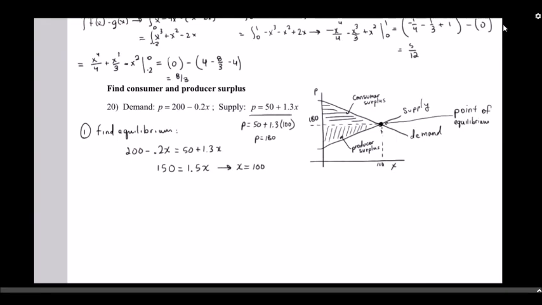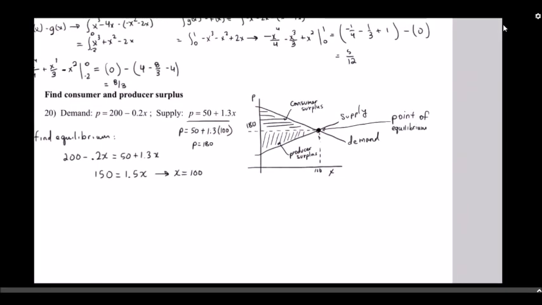Now let's start with consumer surplus. Consumer surplus is this area here. It's below the demand function, but above this line of $180. If you remember from our discussion, consumer surplus happens when there's a difference between what a consumer is willing to pay and what they actually do pay.